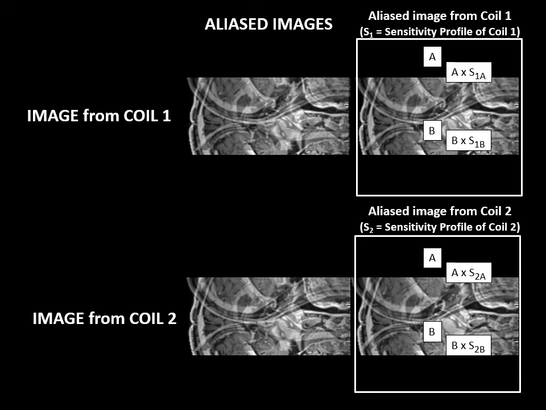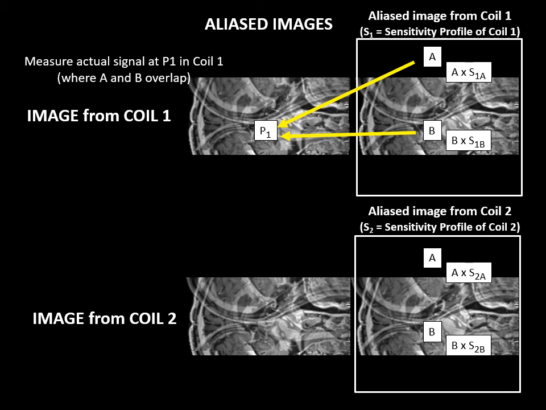So now in the middle, we place the aliased image from coil 1 and the aliased image from coil 2. We've chosen A and B, so when the image is folded over, they're superimposed on one another, and we can measure the signal intensity value at point P1 during actual MR imaging.